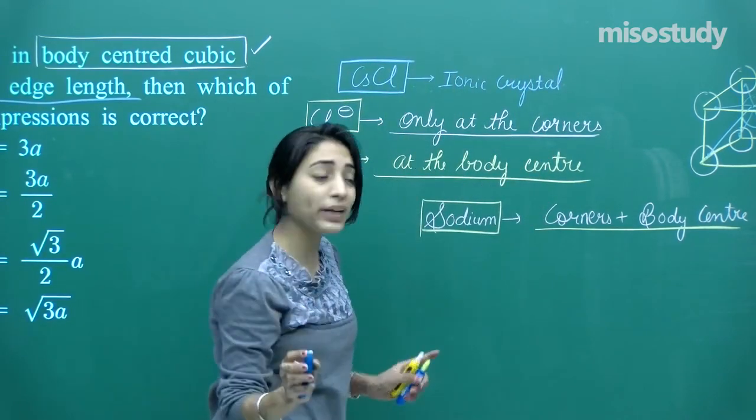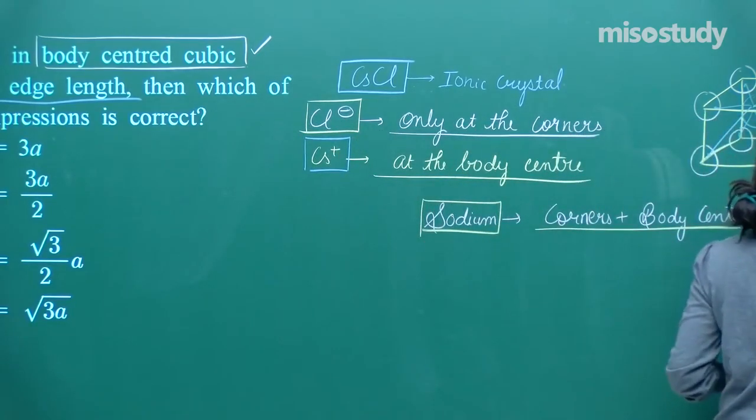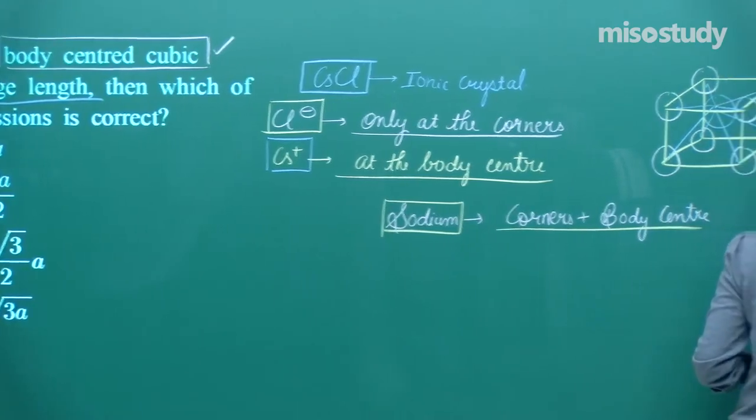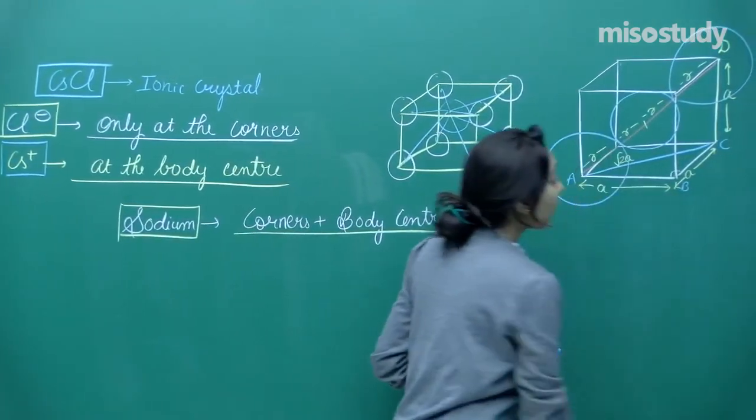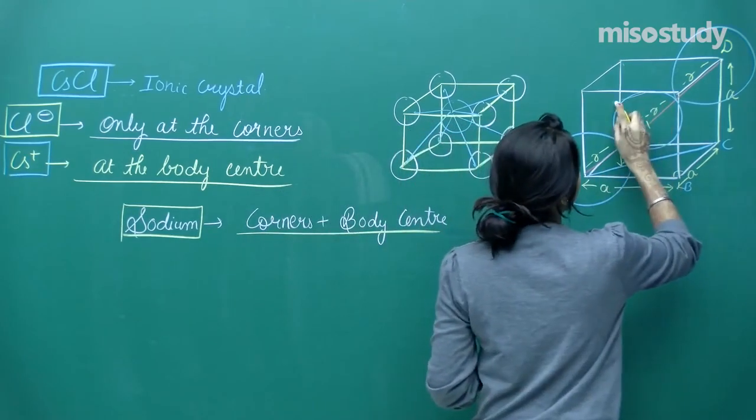Okay. That means if I ask you to continue further, come here to this particular picture that I have drawn. So if you are coming here to this particular picture, I can color the atoms.